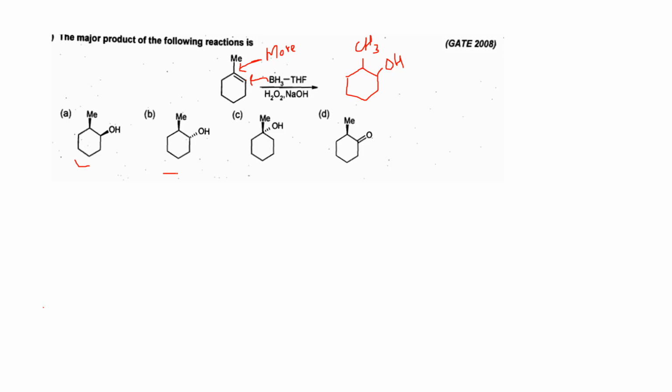It is simple, like the OH will be here and cis, but if you want to know from the stereochemical aspect, you have to know how this is possible.